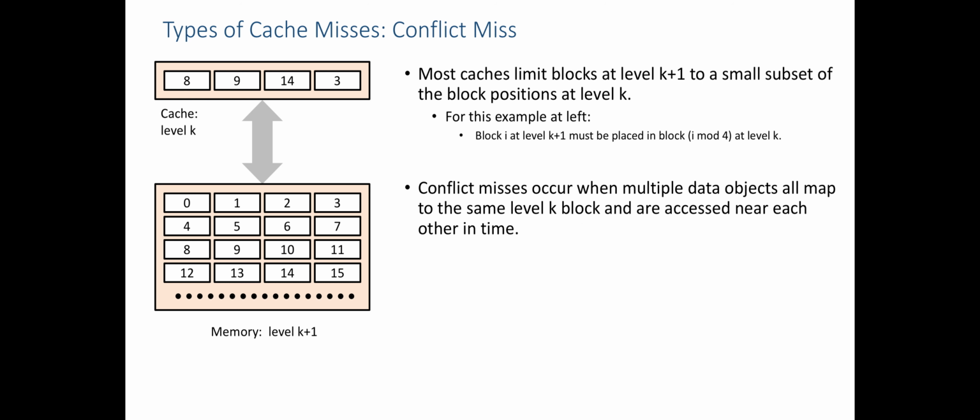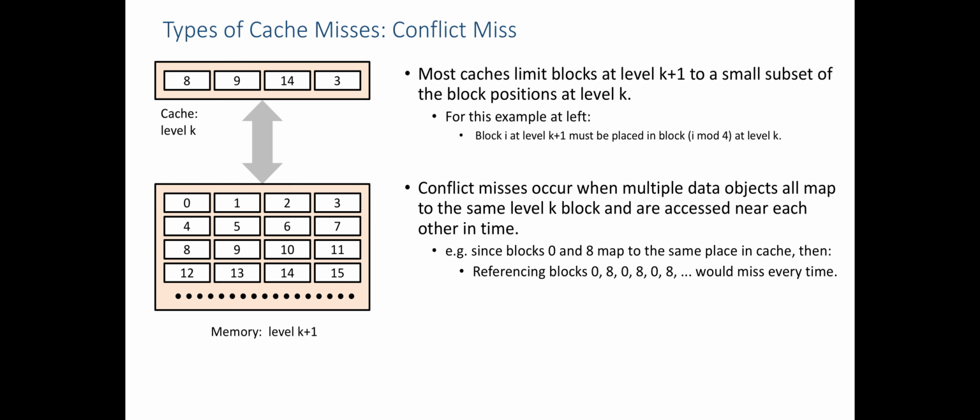Conflict misses occur when a bunch of data objects all map to the same cache block. For an example here, if our code kept accessing block 0 and then 8, and then 0 and then 8, for some reason, this would probably be due to poor spatial locality. So it just kept accessing these 2 blocks, and we only had this one place for them.